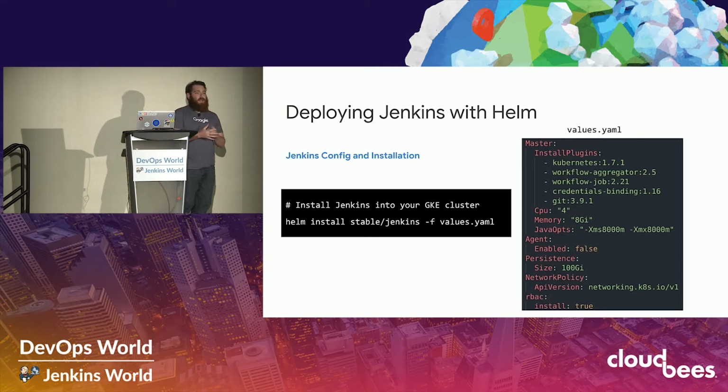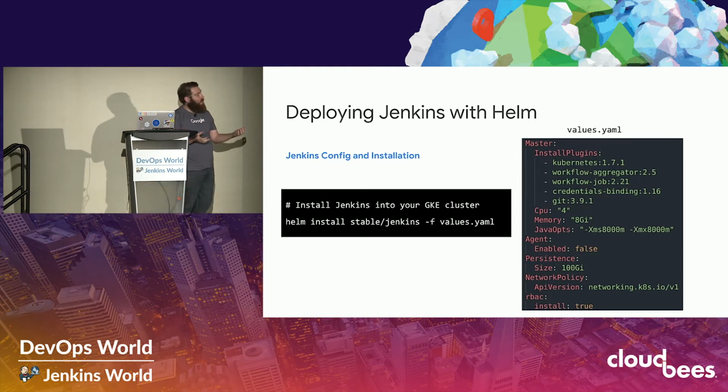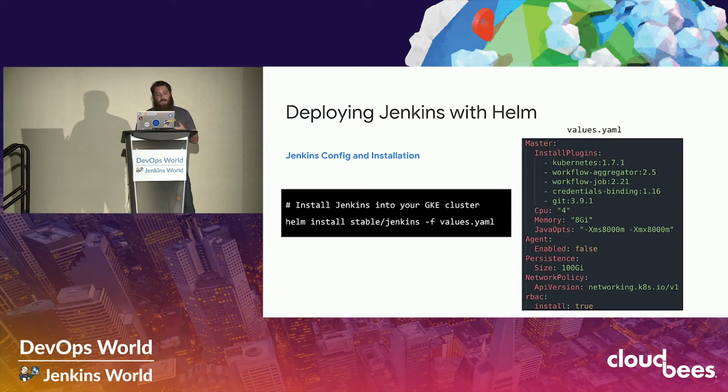A lot of users actually want to give Jenkins a lot more memory, and we know that Jenkins loves to use its memory, so we can set the number of CPUs and the amount of memory that we're going to allocate. In this case, I'm actually disabling the default agent configuration, and we'll see in a second how we would define our Jenkins agents. We can set how big we want the Jenkins home file system to be. In this case, I'm only using 100 gigs.